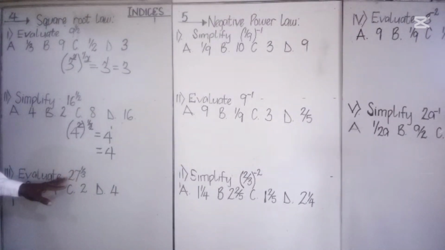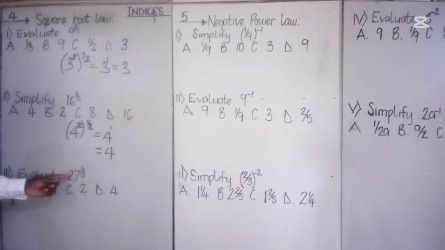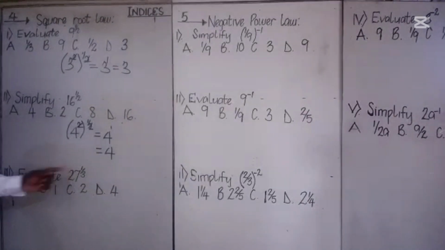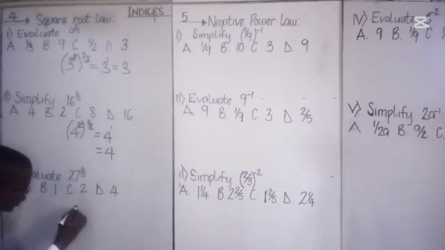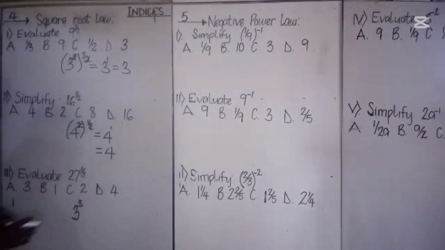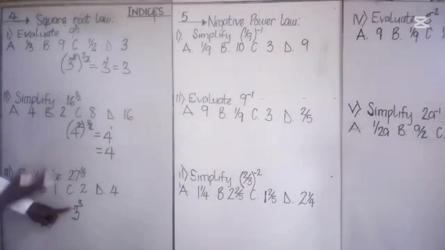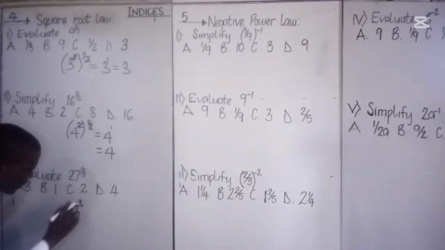Let's look at this. Here is 27. How do we generate a new power from 27? We can generate a new power by saying 3 raised to power of 3. The reason is because 27 is the same thing as 3 times 3 times 3, 3 in 3 places. That is 27. So this is the new power.